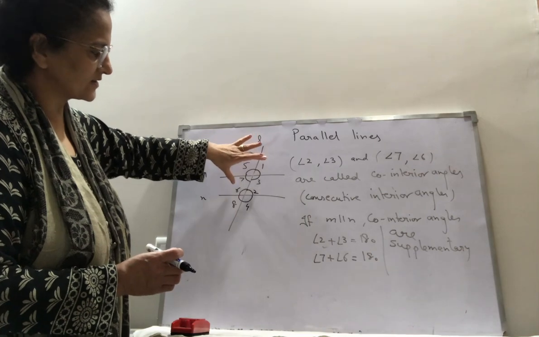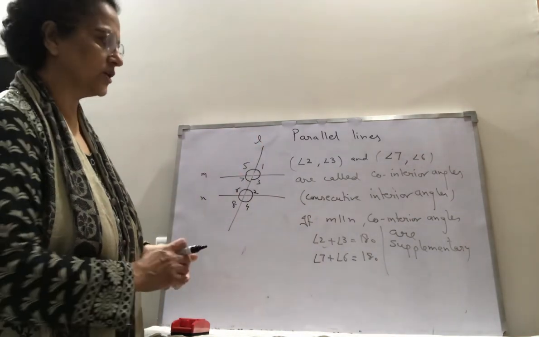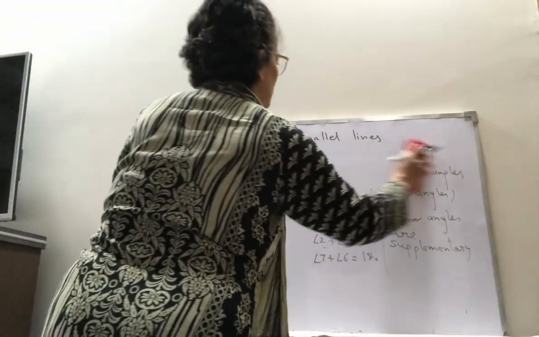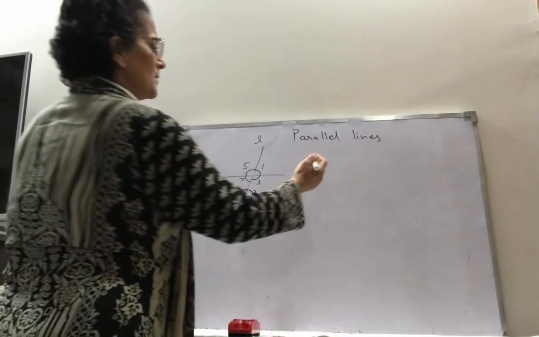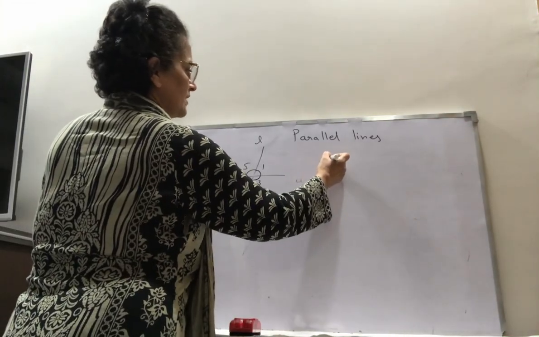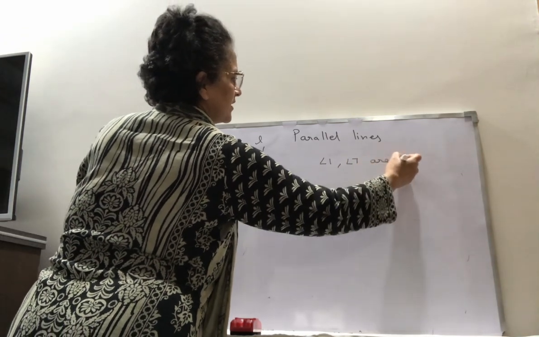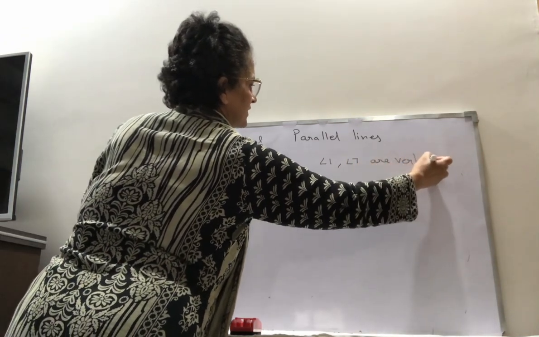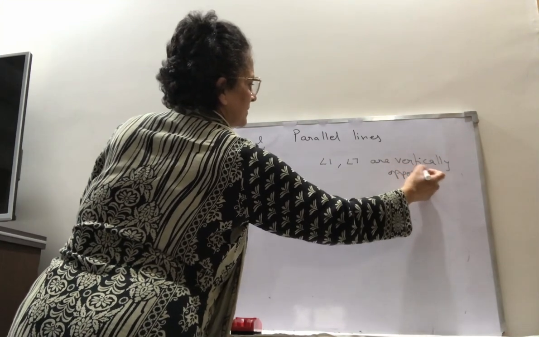So 1 and 7 are called vertically opposite angles and they will be equal. So you can add on, when you are talking about these angles, you can revise this also. Angle 1, angle 7 are vertically opposite angles.